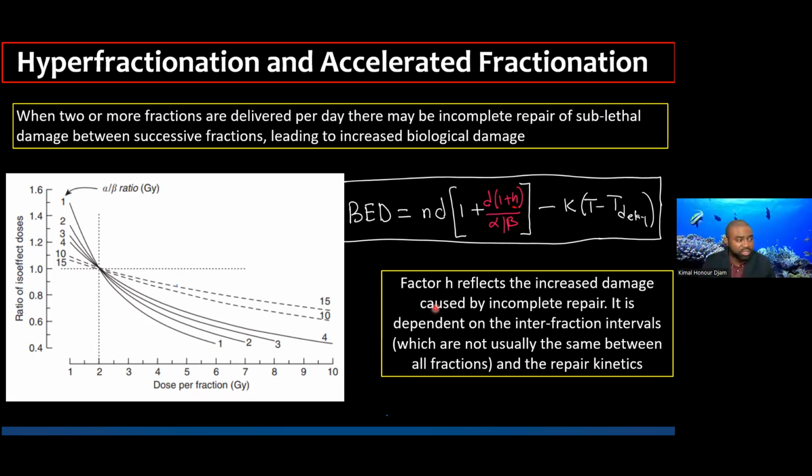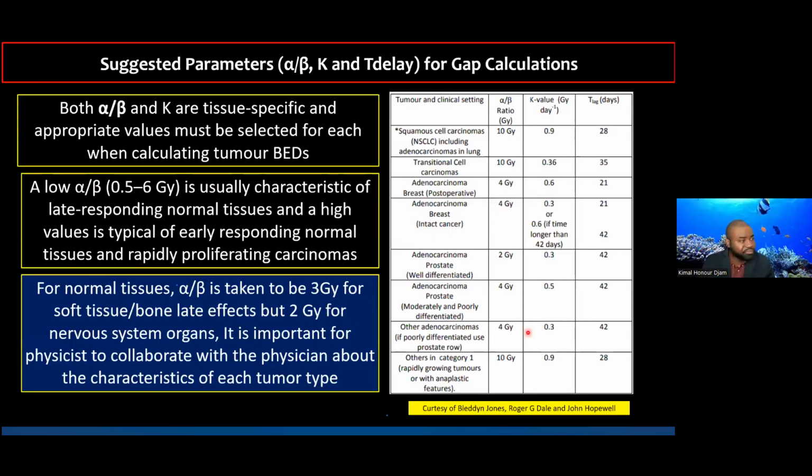So when you look at the equation here that takes into consideration BID, we have an added expression here. H reflects the increased damage caused by the incomplete repair, which in turn is dependent on what we call the interfraction interval. And the interfraction interval should be a minimum of at least 6 hours apart. So keep that in mind.